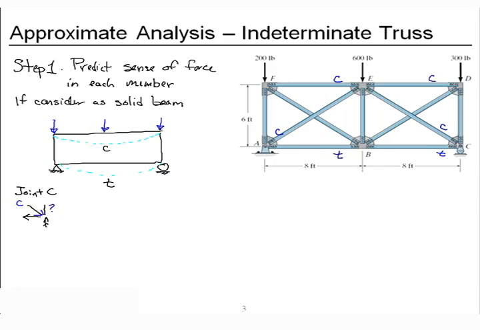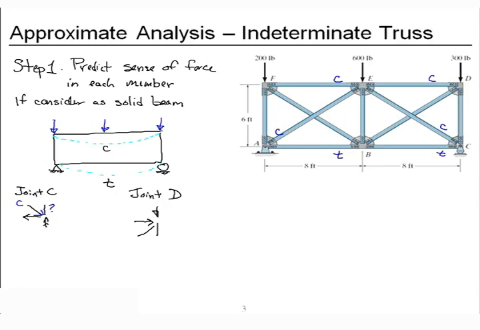I don't think we're going to get it from this free body. Let's move on to free body for the joint D. I have my downward applied load, I have the unknown in CD, I have compression in member DE, so it'll push to the right. I have my unknown in the diagonal BD.